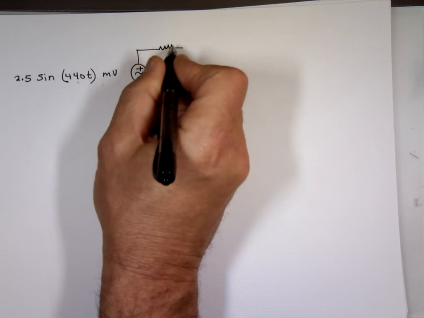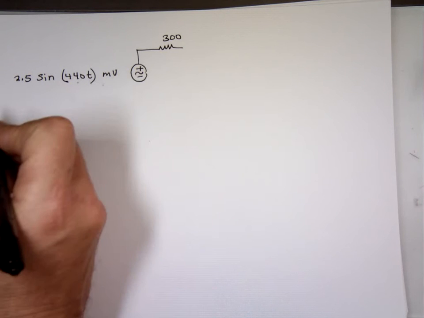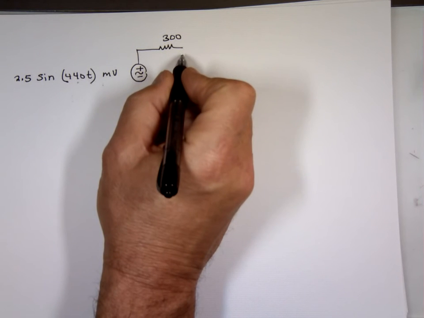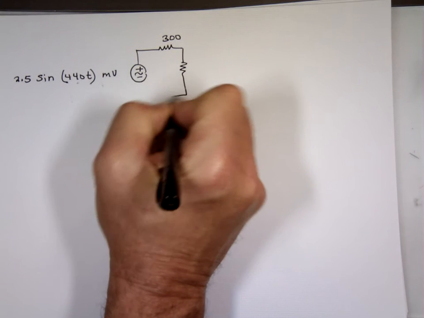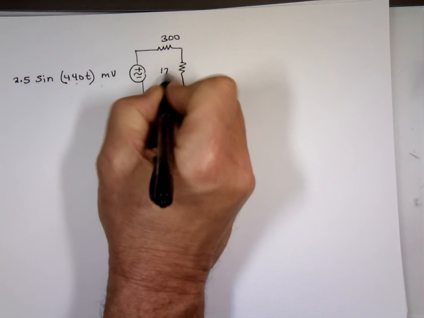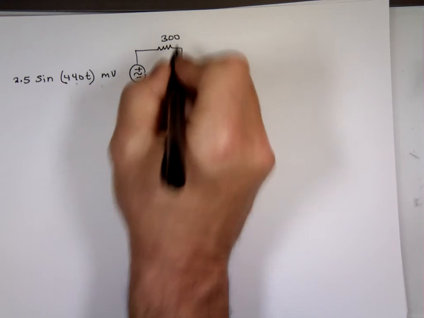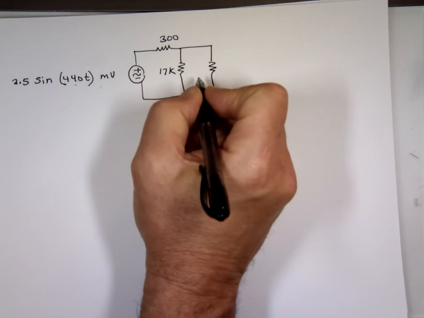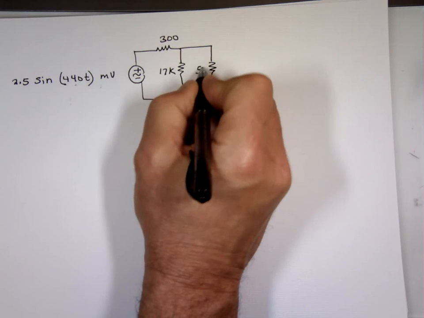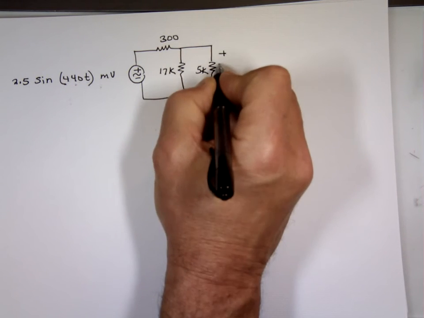We have a resistor on the top of 300. We have 17K right here, so that's a large value. The top is just 300. This is 17K. This is 5K. This voltage, plus to minus, is VG.